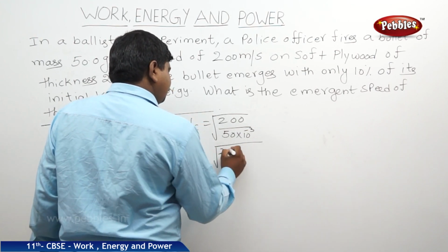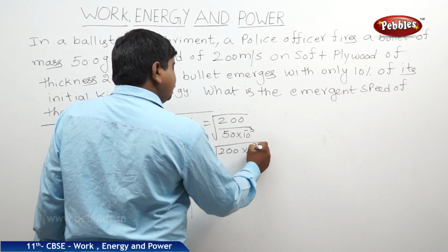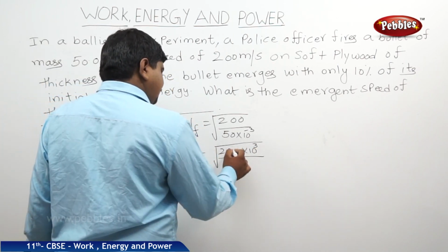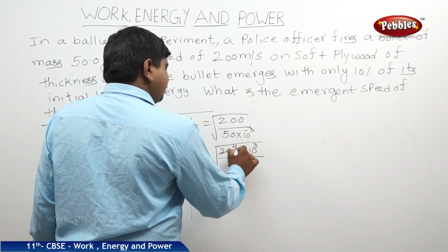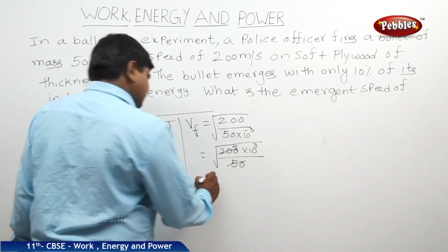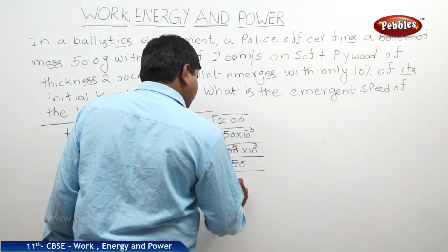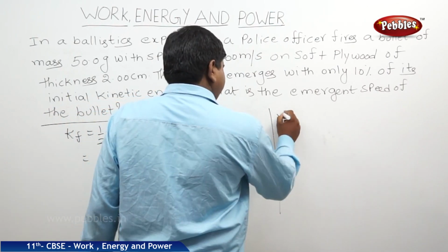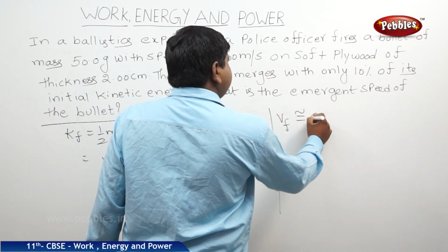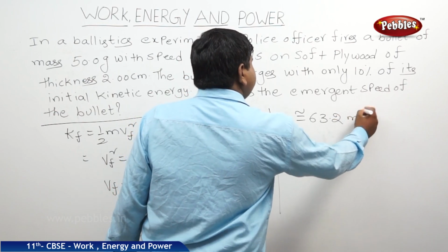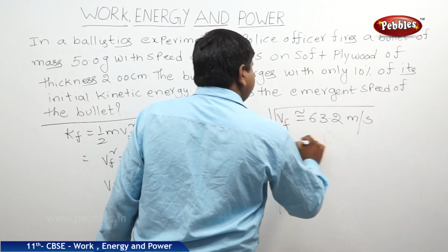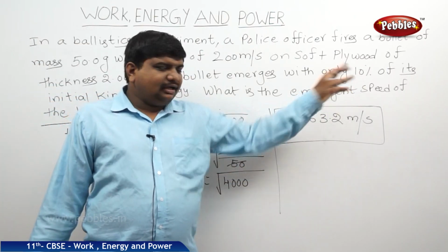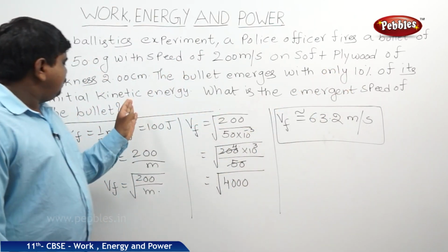Therefore, it is square root of 200 into 10 cube by 50. 200 by 50 is 4, so it will be square root of 4 into 10 cube, that is square root of 4000. It is not an exact root; approximately it will be 63.2 meters per second. With this velocity, the bullet emerged out.